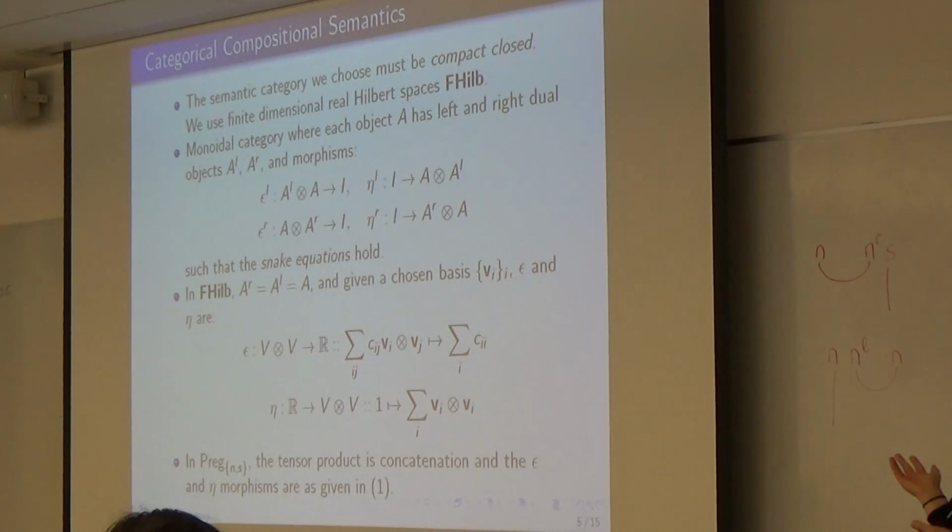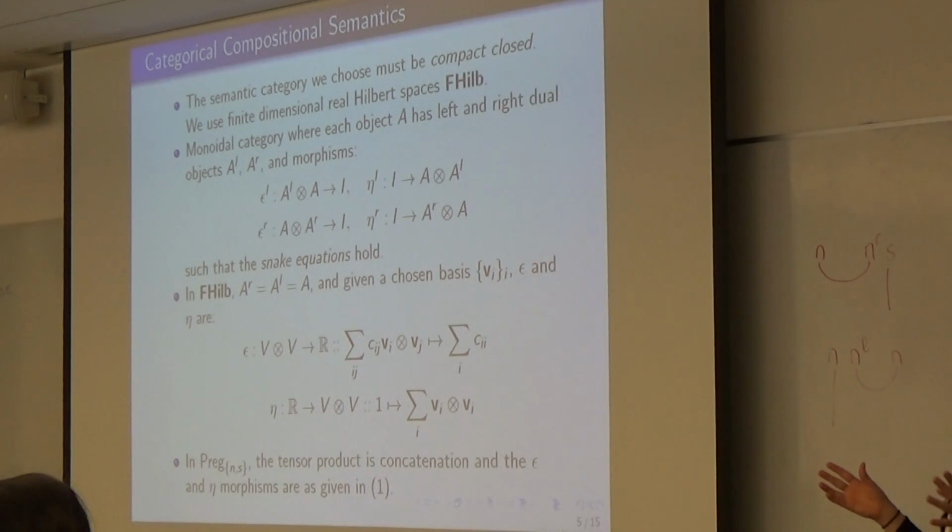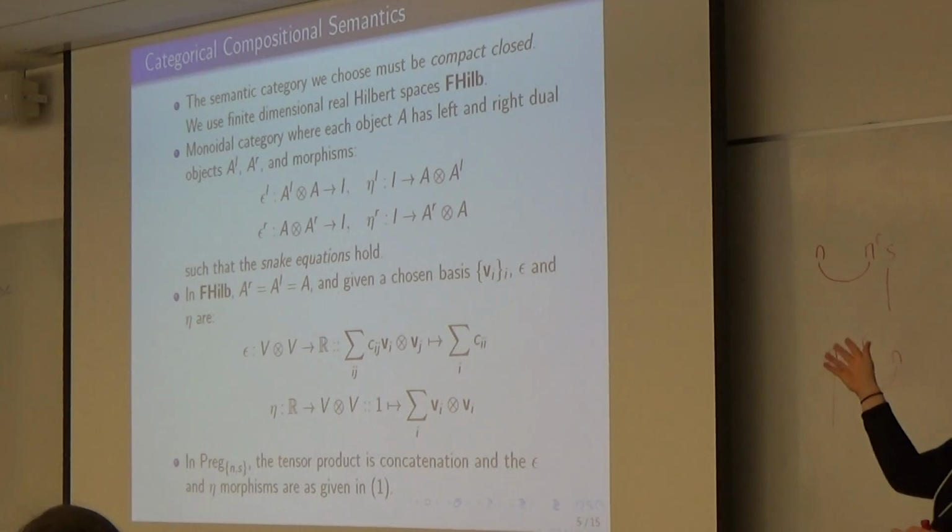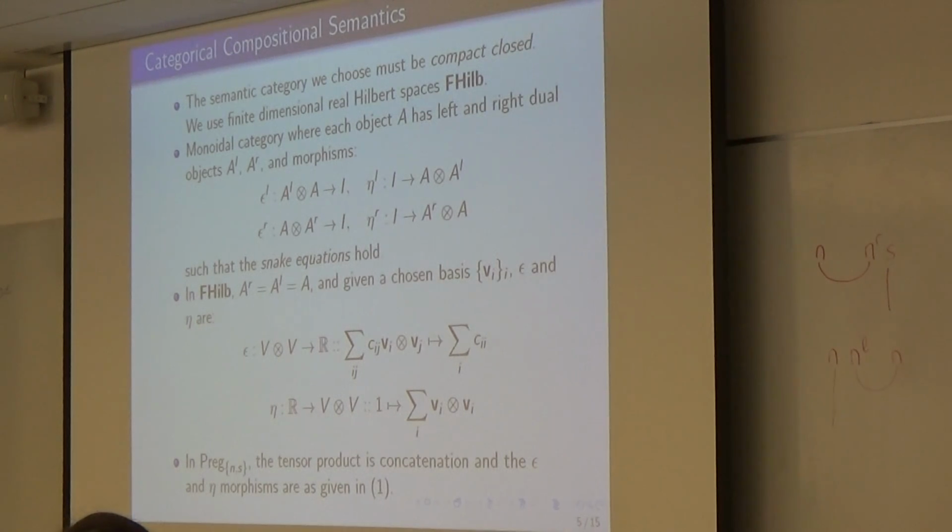Again, there are choices for this. One choice is to use the category of sets and relations. Another thing that we're looking into at the moment is to develop a formalism for Gärdenfors' conceptual spaces that also fits into this compact closed category.